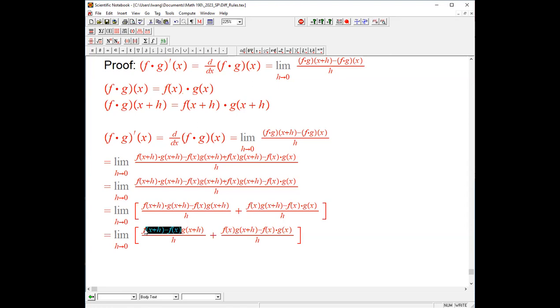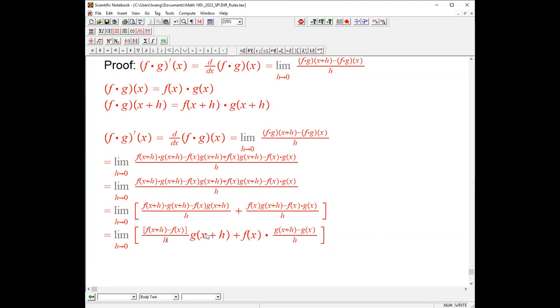We're going to put them separately. I put a bracket here. And g of x plus h, I'm going to put it on the side. Okay, g of x plus h is a common factor. And for the next one, we're going to do the same thing. We factored out the f of x, and we're going to put it on the side. Now they're separated.